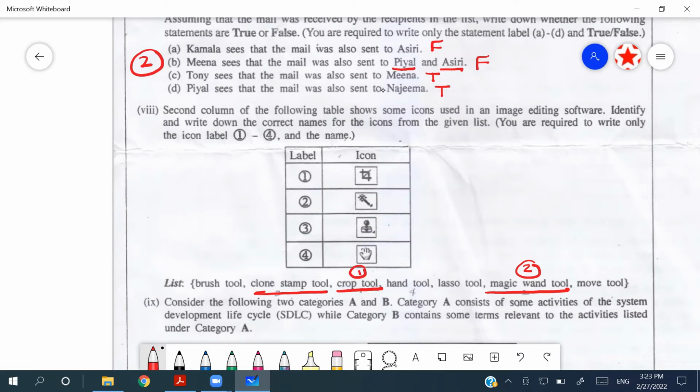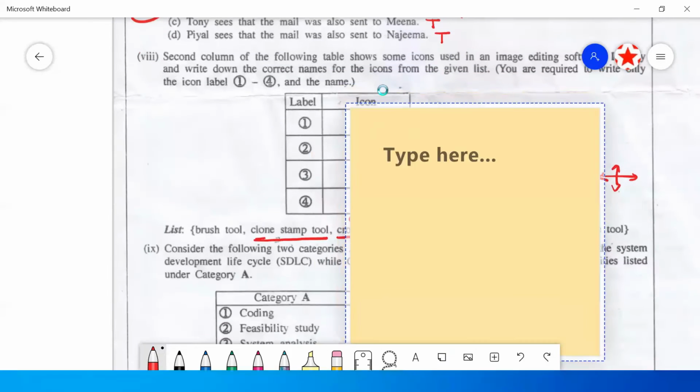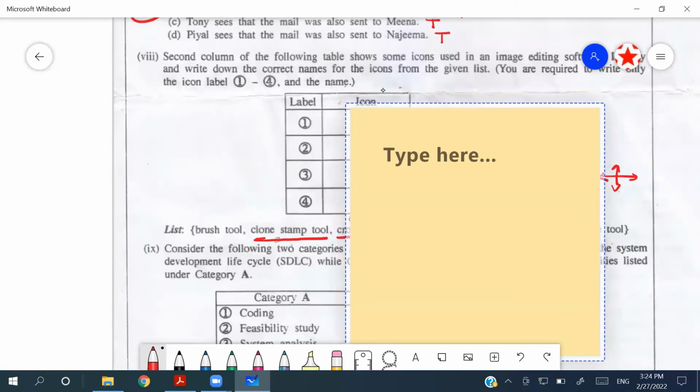Hold on. It's not for moving. Moving is indicated by something like this. Then it should be the hand tool.